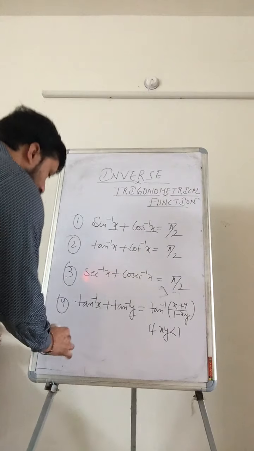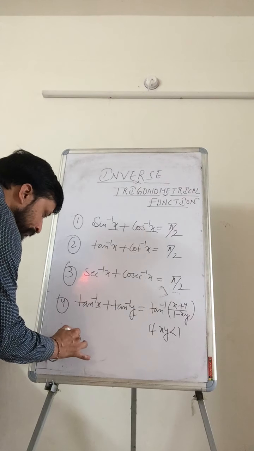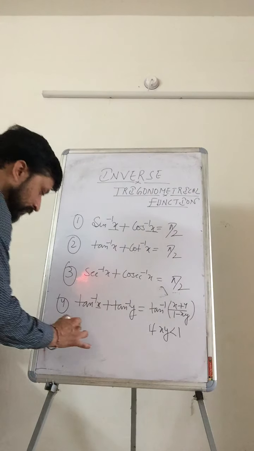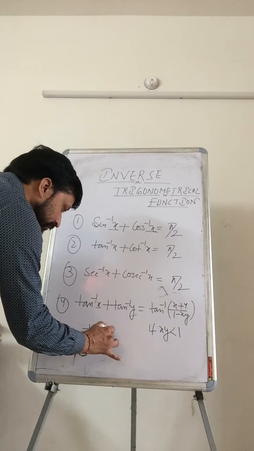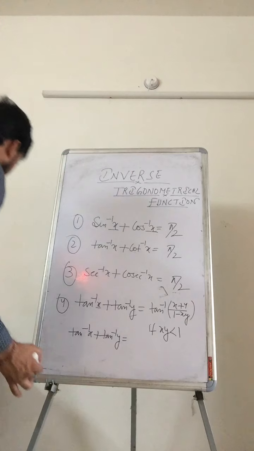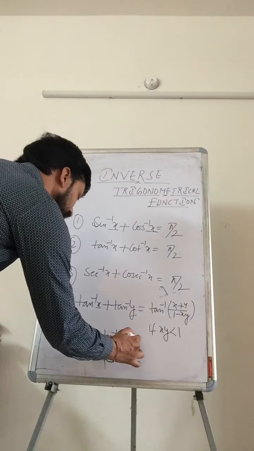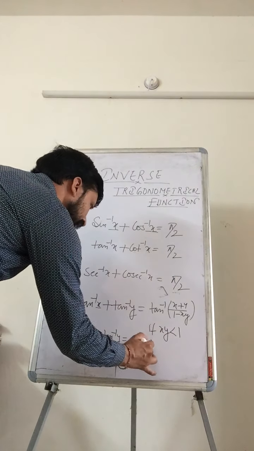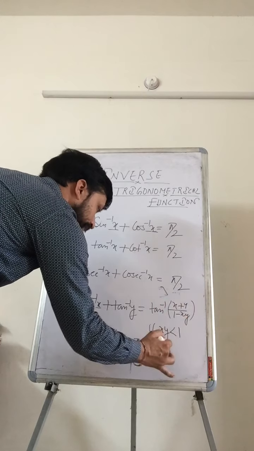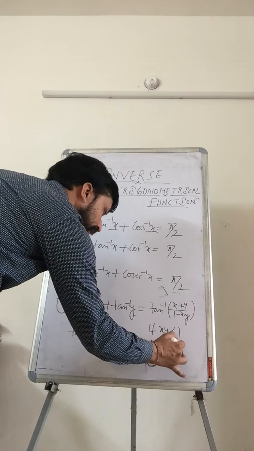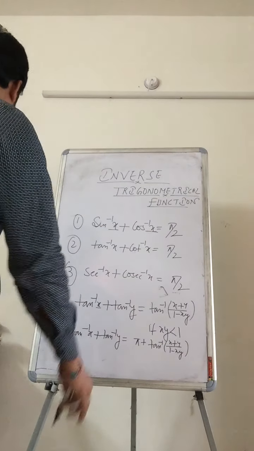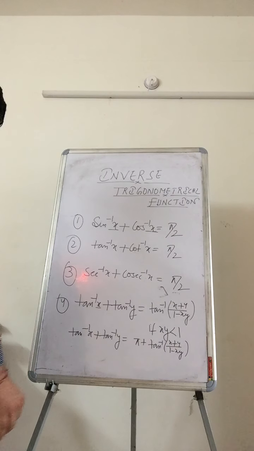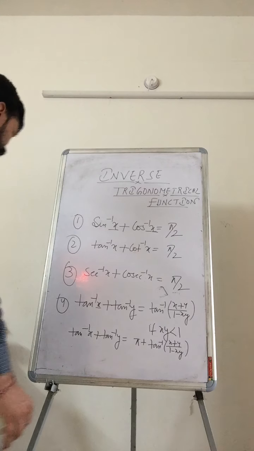Otherwise, we have another formula for the same: tan inverse x plus tan inverse y equals pi plus tan inverse of (x plus y) divided by (1 minus xy), and this is valid when xy is greater than 1.